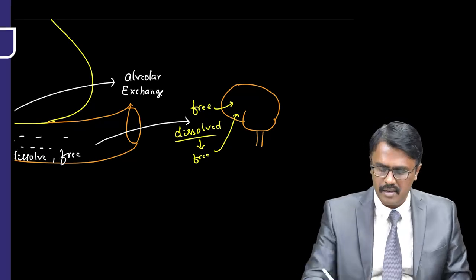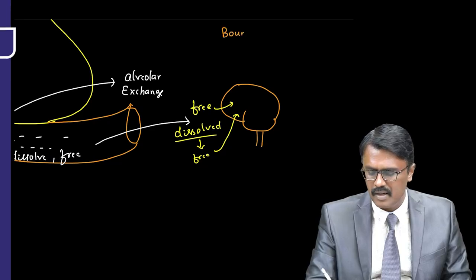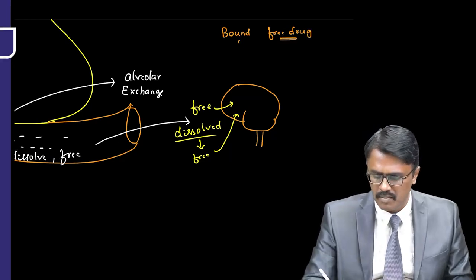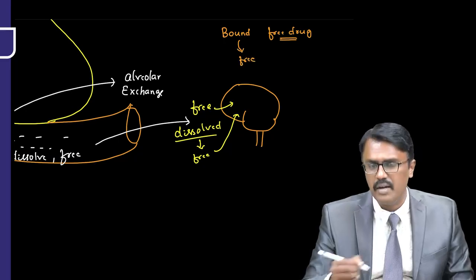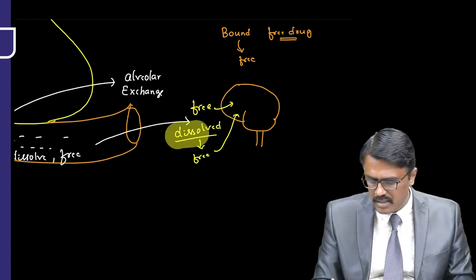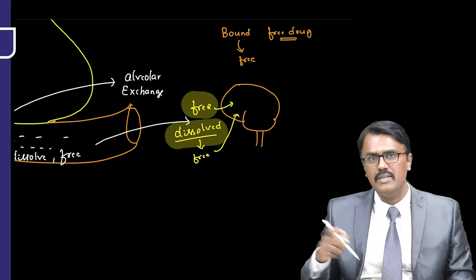It is like in general pharmacology, where we had a bound drug and a free drug. Which is easy to distribute? The free drug. The bound drug has to become free and then it will enter. So it takes time. If a drug is dissolved, it takes time to induce. If it is more in the free form, it is easy to induce.